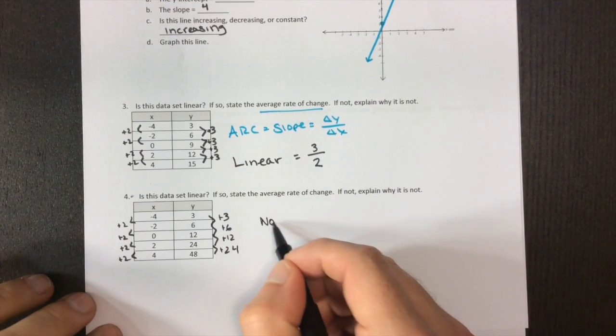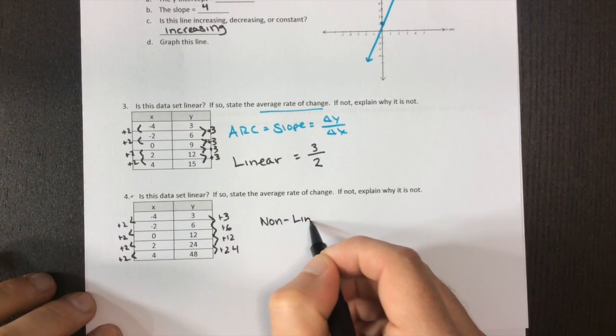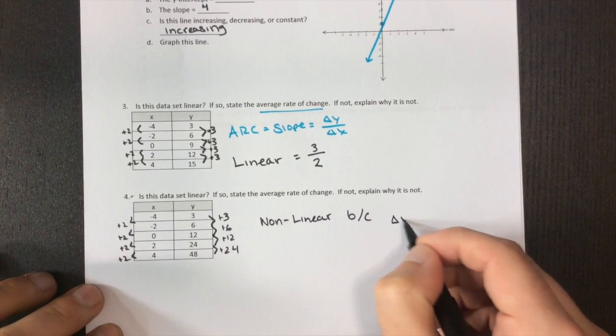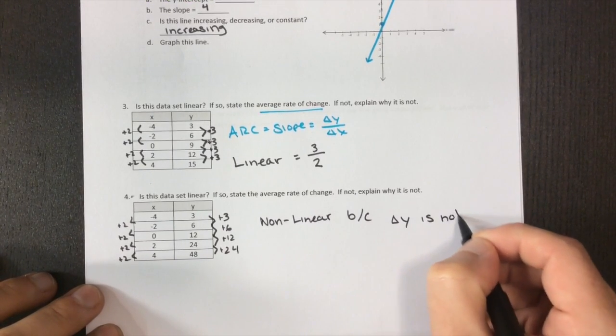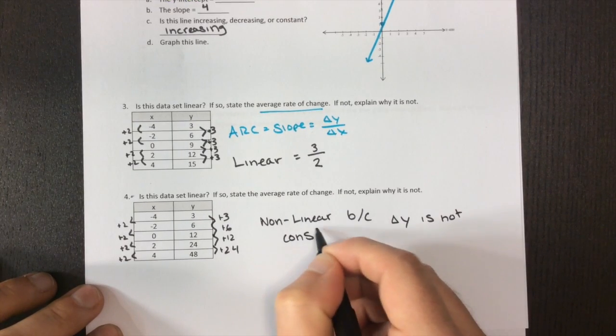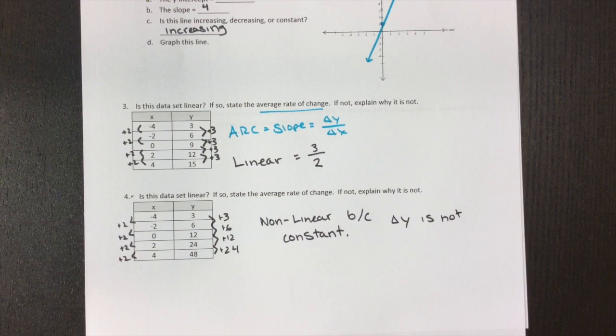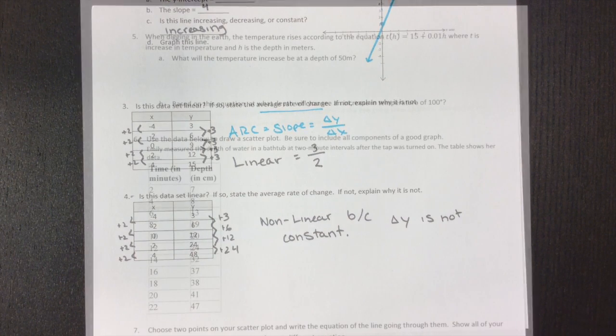So this is not linear because the change in y is not constant. So if it's not constant, then it's not linear. Okay, flip it over, we'll get to the second page.